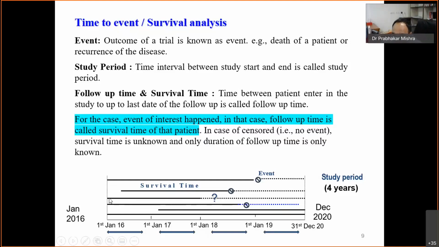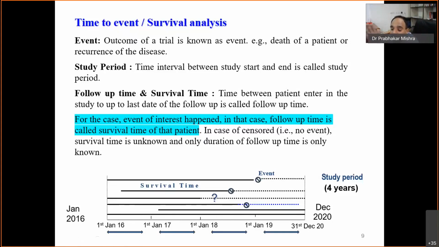So this is just a follow-up, not a survival time. This is the survival time because here death occurred. But see here, this patient entered here and up to the end of the study the patient was still surviving. So this patient has follow-up only, not a survival time. Similarly, for this patient, this is follow-up only, not a survival time.